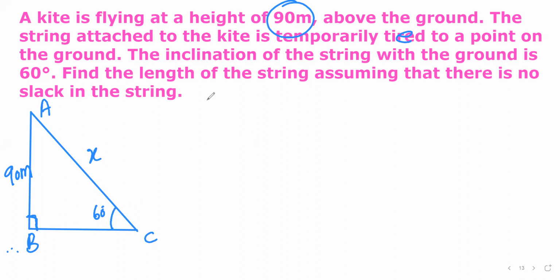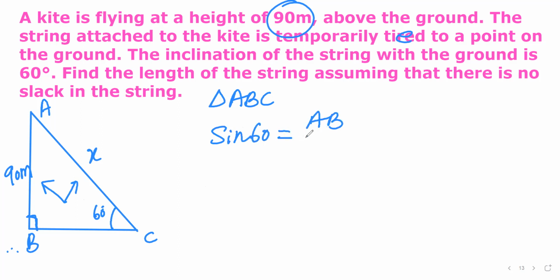Now from the triangle ABC is a triangle. So now this is the opposite and this is the longest side of the triangle, that is hypotenuse. Opposite divided by hypotenuse, that is, okay, sine 60 equals opposite of AB divided by hypotenuse, that is AC.